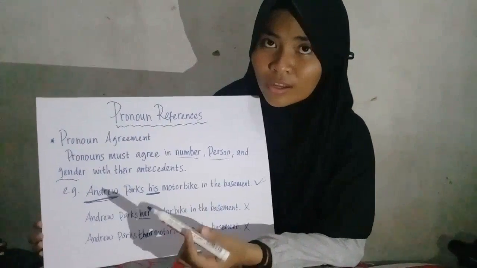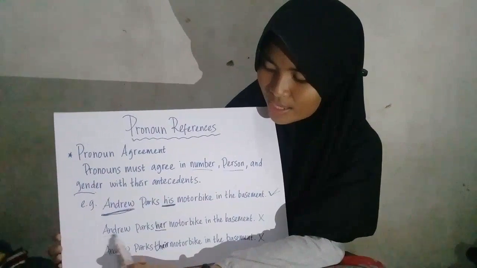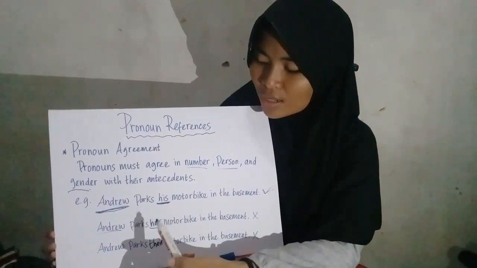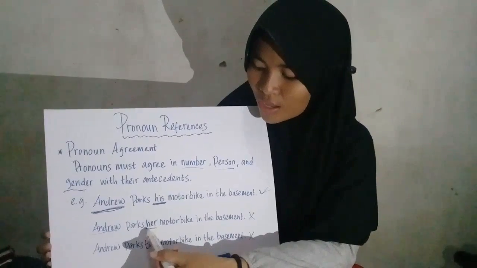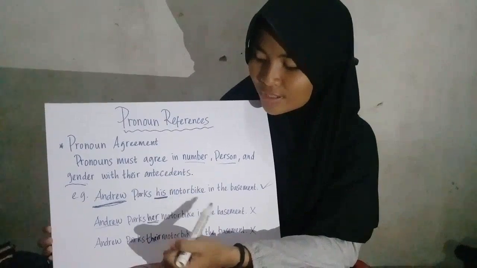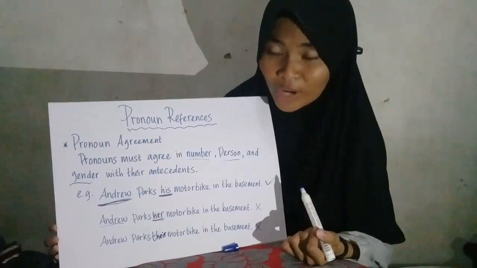And for the second sentence, the pronoun here is "her". But based on my explanation previously, Andrew is a male noun, so we cannot use a female pronoun here, but we should use the male pronoun just like in the first sentence. So this sentence is incorrect.